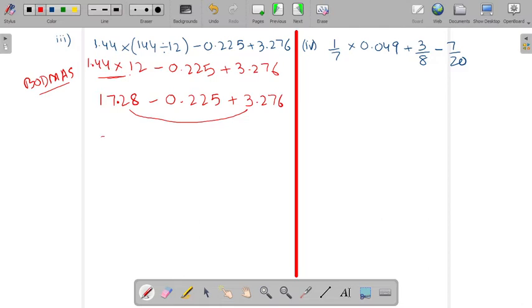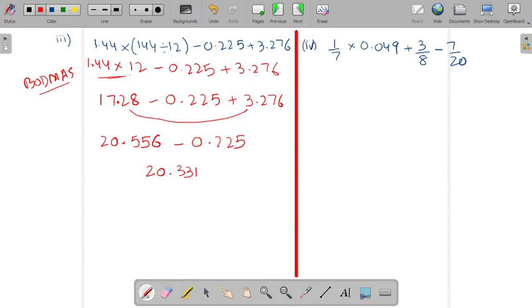So you would be getting 20.556. 17.28 plus 3.276, you will be getting 20.556 minus 0.225. So now you have to do the subtraction, minus 0.225. So after doing the subtraction, let's see what answer we will be getting.